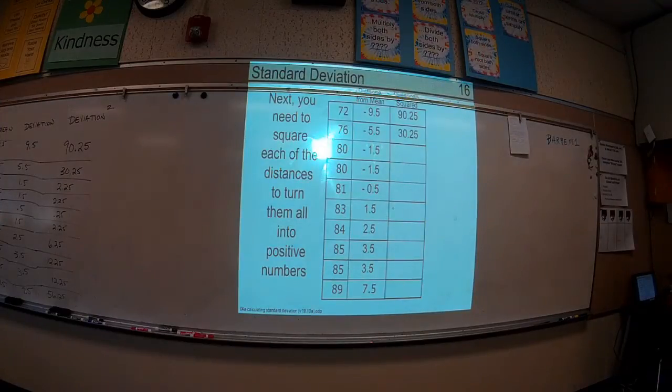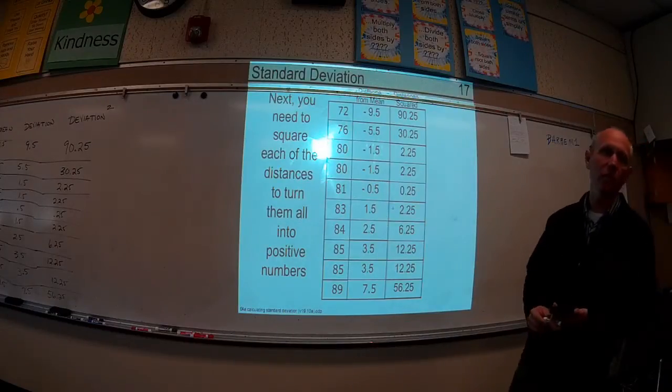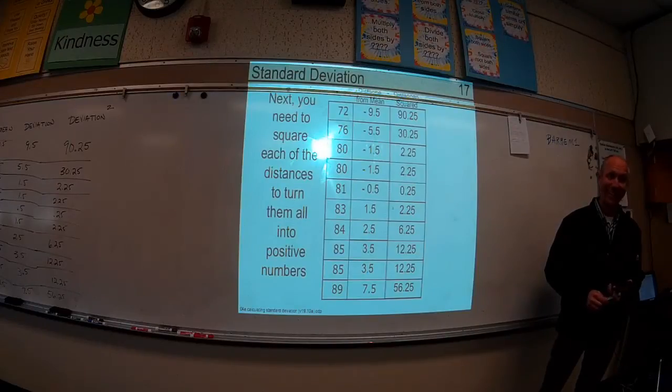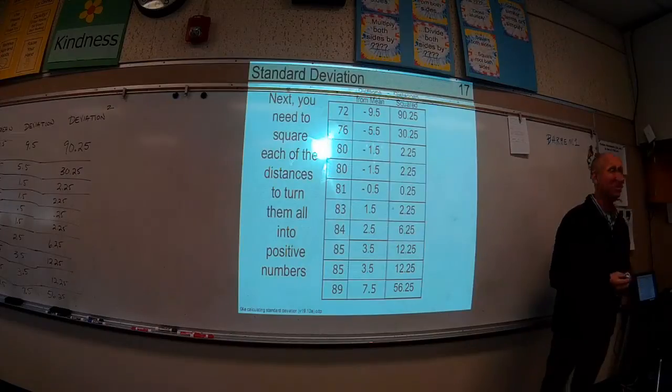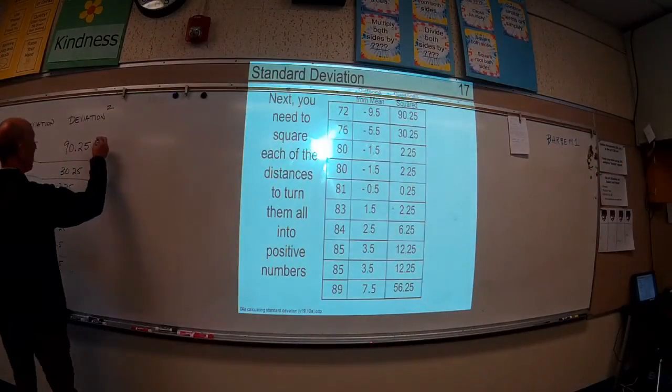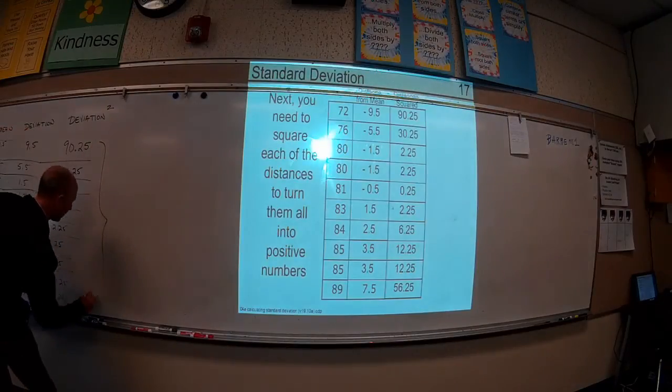So I go through and I find all the deviations squared. Now, you need to find the mean of the deviations squared. Add up all the deviations squared and divide by 10.